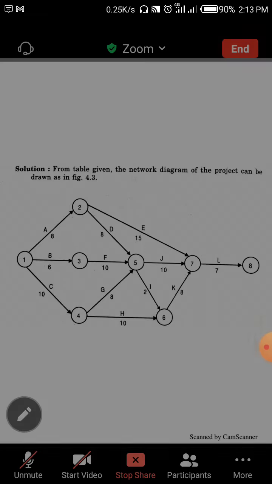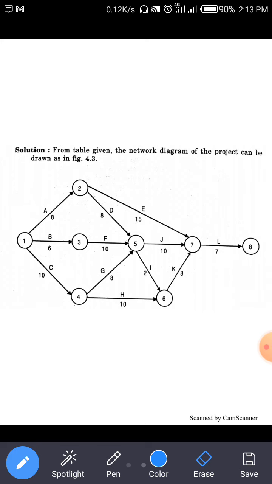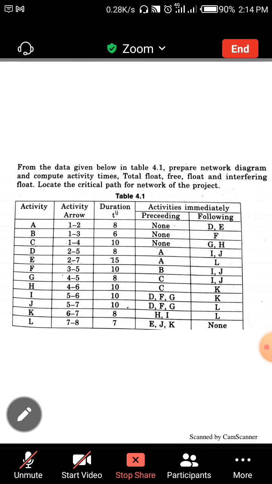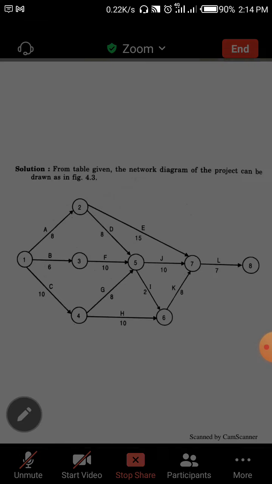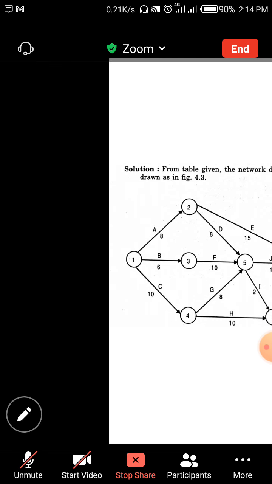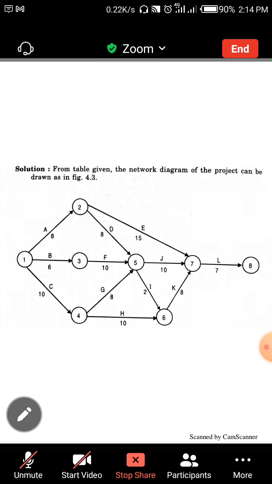So three lines are drawn from node 1: 1 to 2, 1 to 3 and 1 to 4. Then from node 2, arrows go 2 to 5 and 2 to 7. Clear? 2 to 5 and 2 to 7.